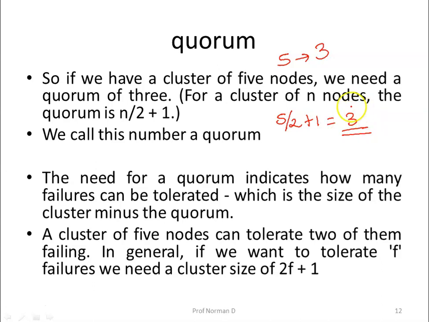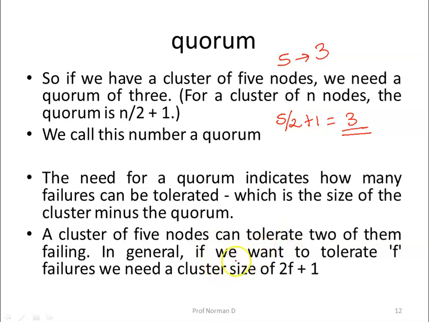Now what is the need of this quorum? The need of this quorum indicates how many failures can be tolerated, which is the size of the cluster minus the quorum. So if we have a cluster of 5 nodes, how many failures can be tolerated? In this case 2 failures can be tolerated. So a cluster of 5 nodes can tolerate 2 of them failing.